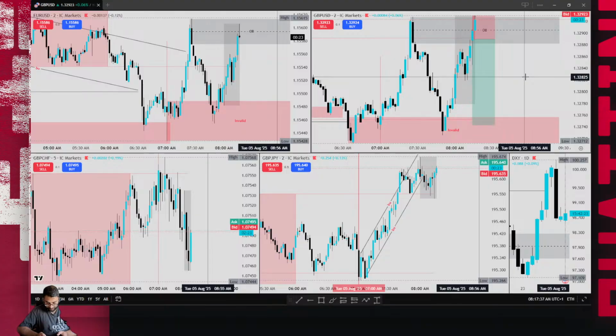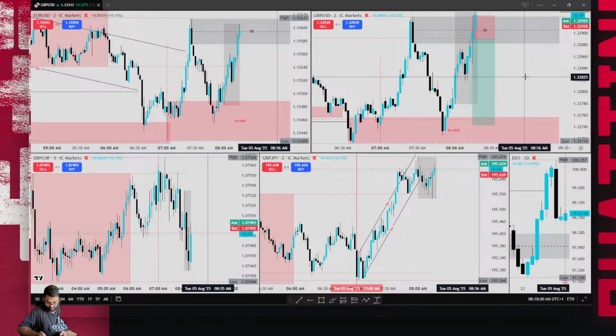Just give me 1 second, bro. Oh, that zone failed. It's interesting how that zone failed.